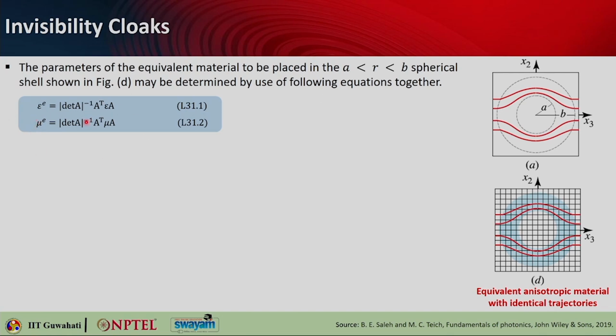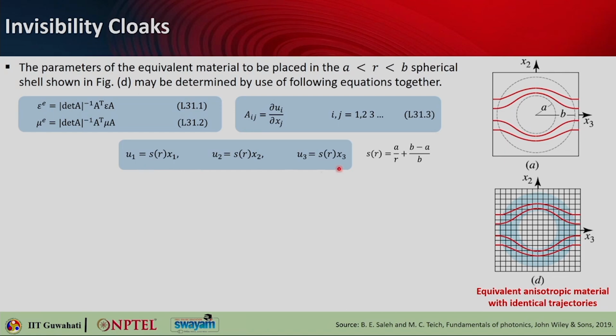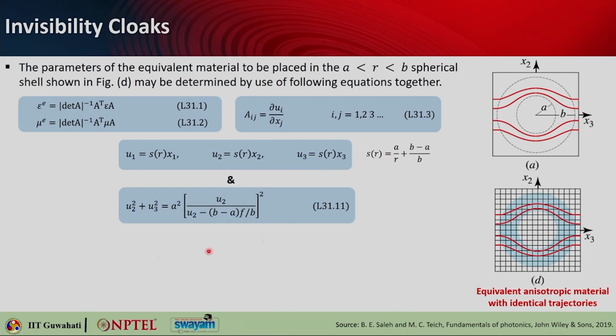Okay. So, these are the equations we started with. This is the Jacobian matrix, this is the transformation. This is the relationship of the transformation scaling factor. This is how the transformation has finally come up from straight lines to this kind of curved lines.